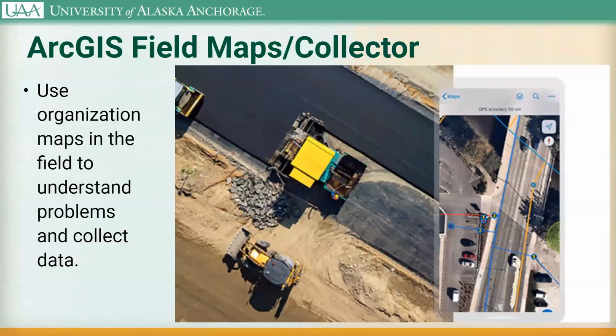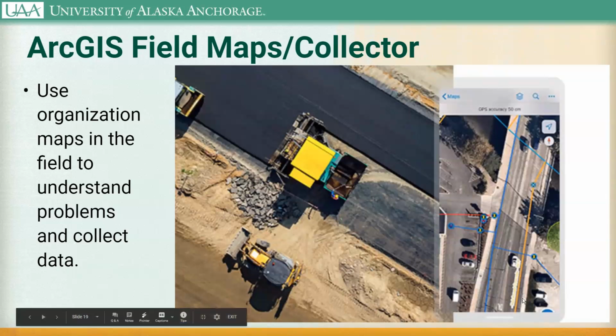And then you've designed your backend database for collection, and your field workers can go out and they can draw new points, they can draw new lines, they can view existing infrastructure and look at its attributes. And then they can provide either real time if you're connected, or collect GIS data to bring back to the office and synchronize later.